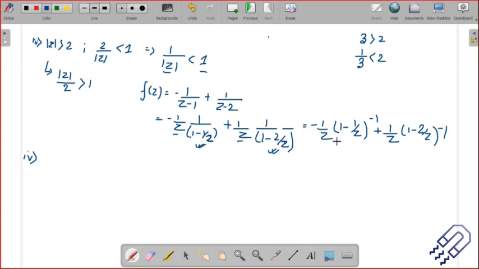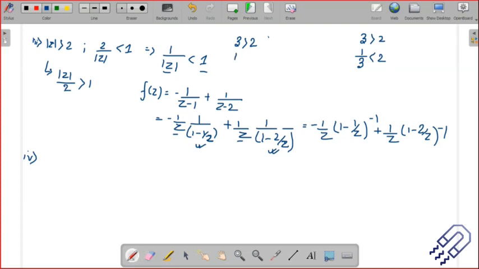I'm taking that 3 is less than z. Here it is mod of z is greater than 2. Let's say 3 is greater than 2. We will have to extract an example to understand this properly, otherwise it will get confusing.